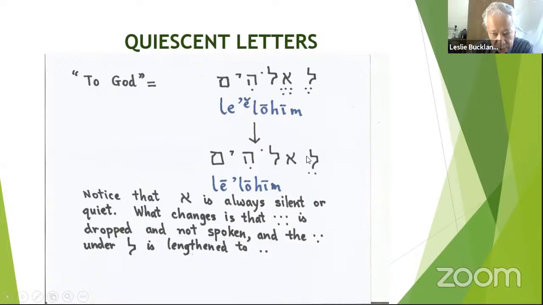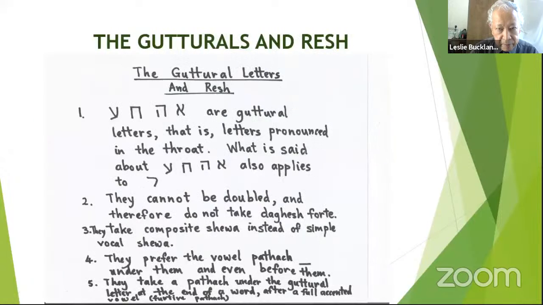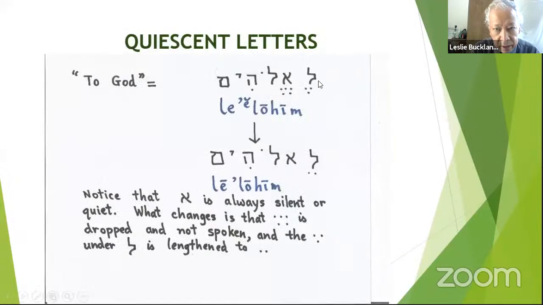So what happened here is I skipped out a step and actually mixed things up. I put the simple schwa under the lameth, becomes long E. So I went straight from the simple schwa to the long E. That was the problem.